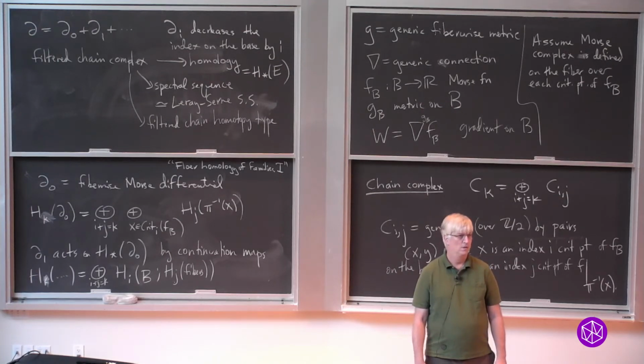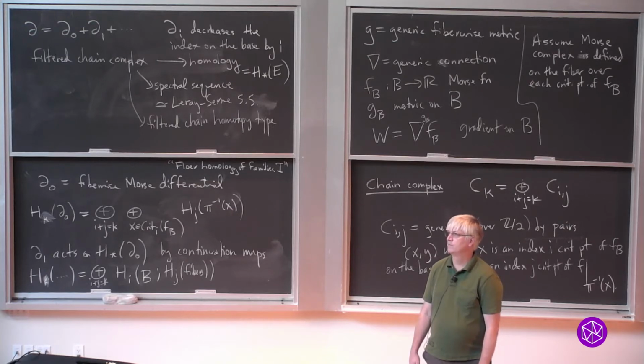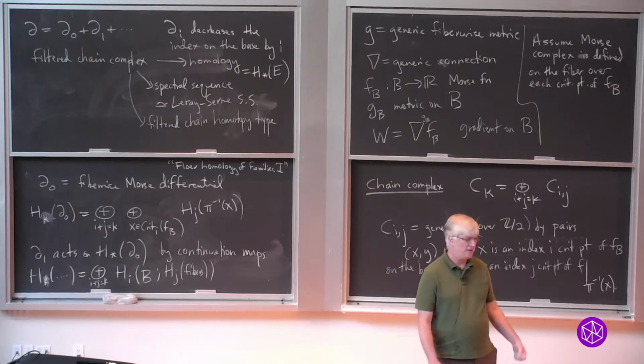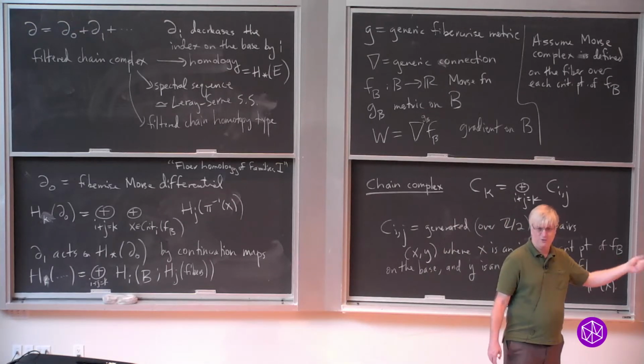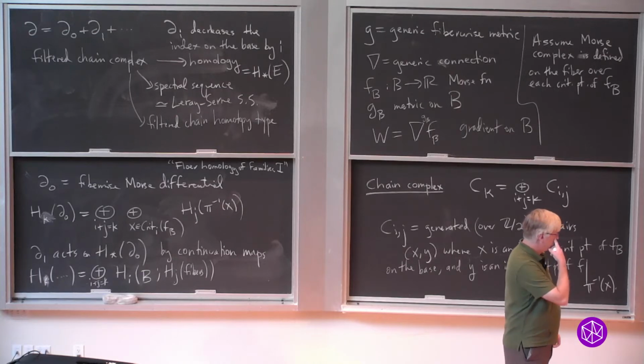It kind of fails barely at the critical points. Right, yes, something very interesting happens if you do that. You could take some limit in which it converges to an actual Morse theory.